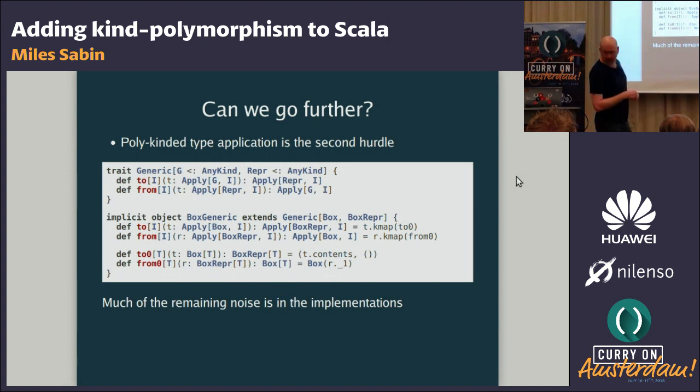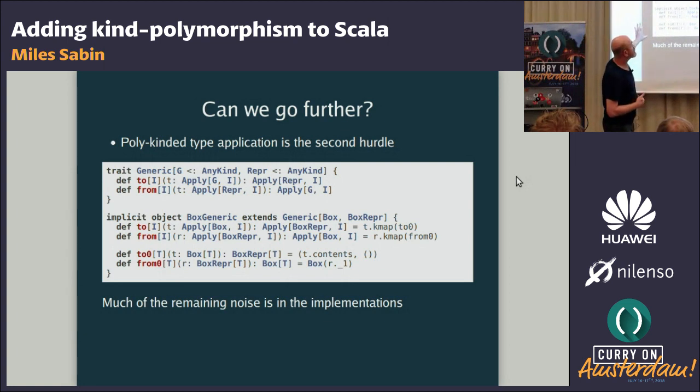So let's have a look at what this looks like. This is the Generic from the previous example. The type we're representing, the G, is of any kind. The representation type is of any kind. We're relying on this apply type constructor to handle the application aspect of it.